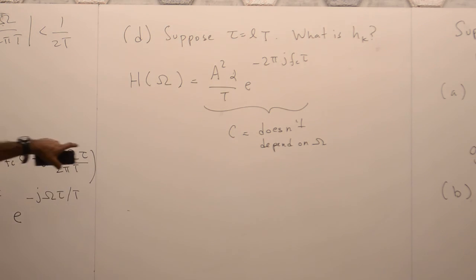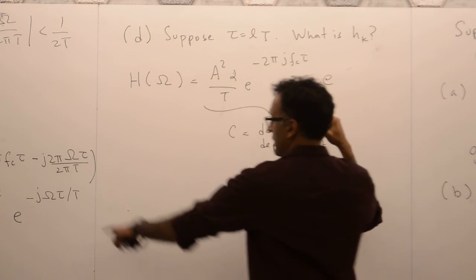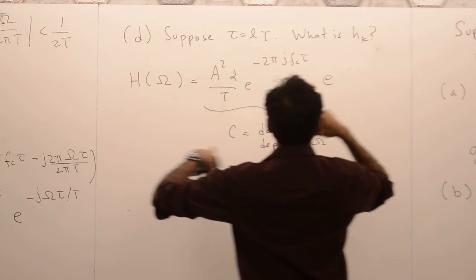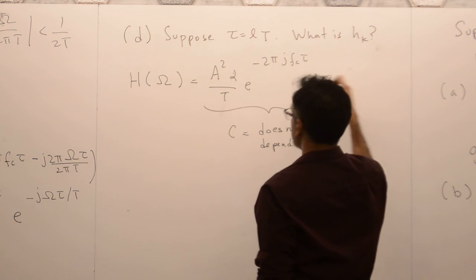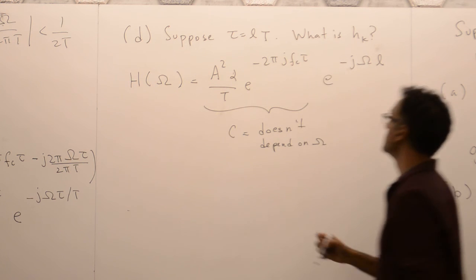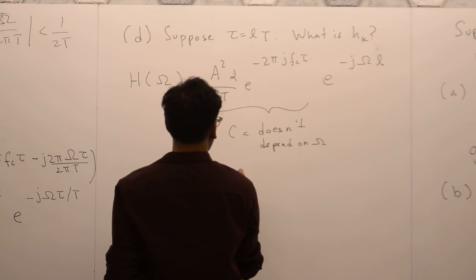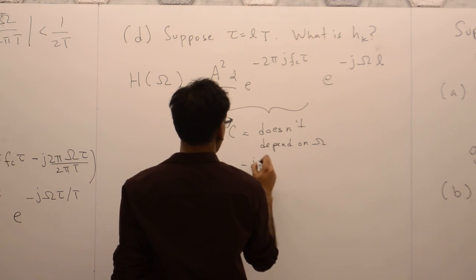This is a trick. Then for this part, I'm going to take tau equal to LT. That'll be minus j omega L. So it's c times e to the minus j omega L.